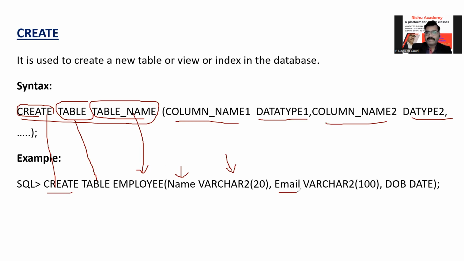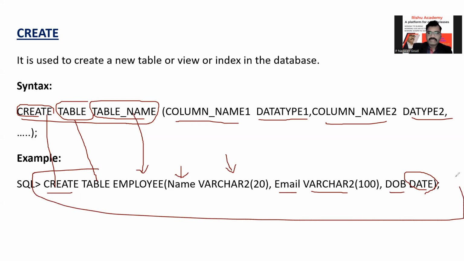I want to store email ID. Again, email ID is character. And I want to store DOB, date of birth. So the data type is date. So this is the best example of how to create a table in SQL.